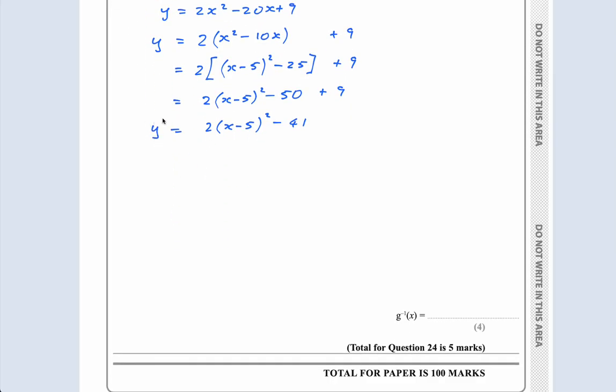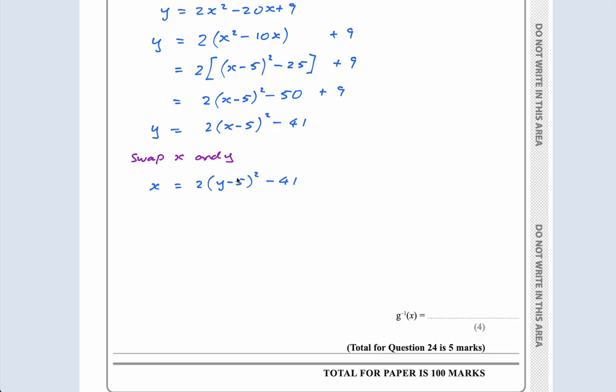Anyway, this is just y. Now I need to rearrange for x and y. So what I like to do, guys, is swap x and y. We swap them because we're trying to get the inverse. So we're going to swap these and rearrange for y. So x is equal to 2 times y minus 5 squared minus 41.